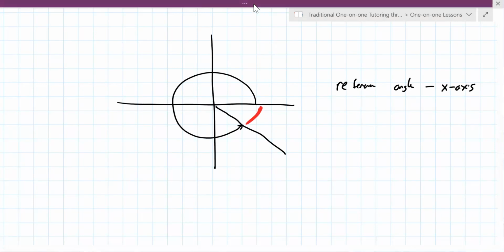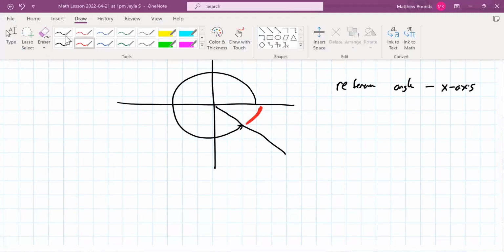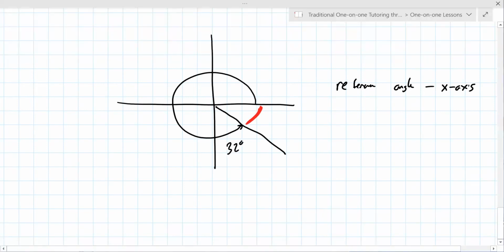So you've already gone 329. How much more to get to 360? You just subtract the two numbers. Like you're driving somewhere, it's 360 miles, you've gone 329.